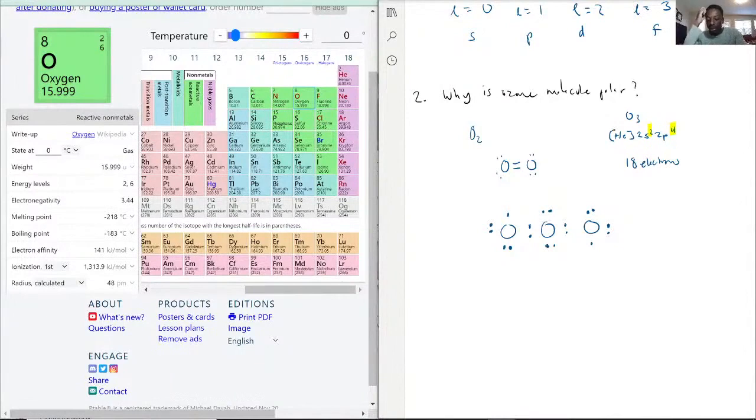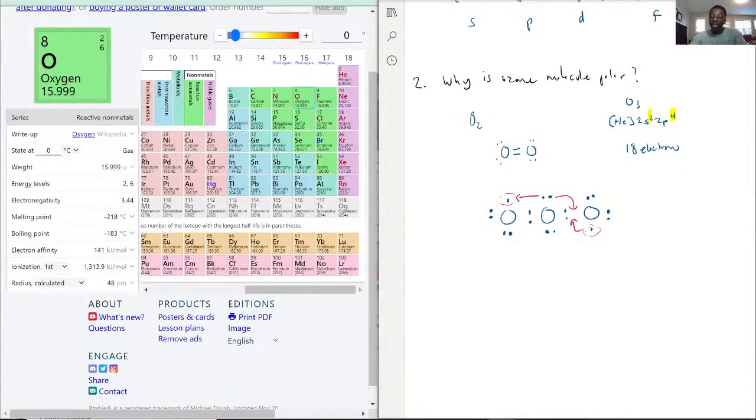But as you can see, these oxygens have these radicals, these lone electrons, so there has to be a way to figure out how to balance it. The best thing oxygen can do in this case would be to give one side one of its extra electrons, and then use the other electron to form a double bond with the other oxygen.